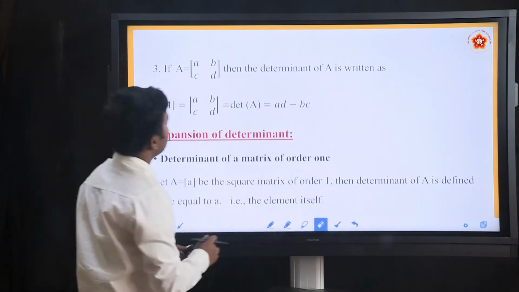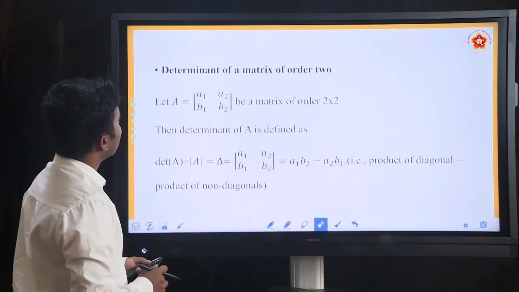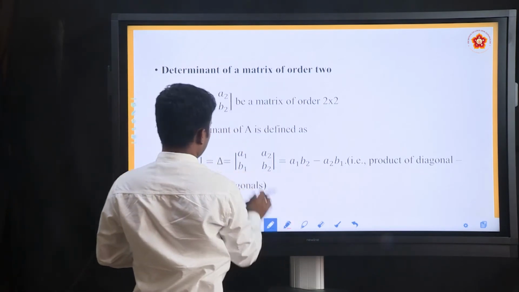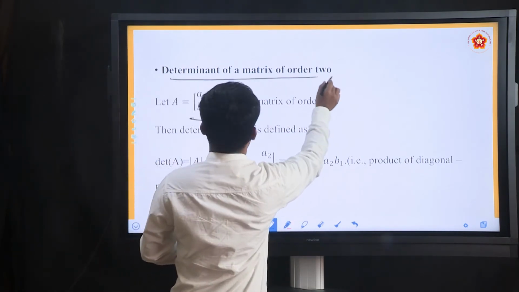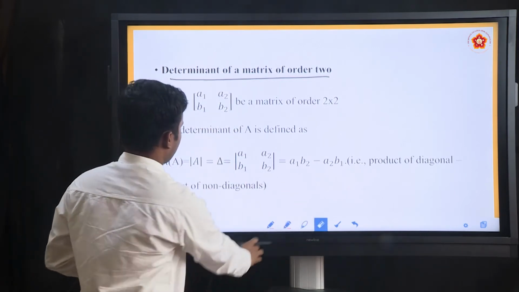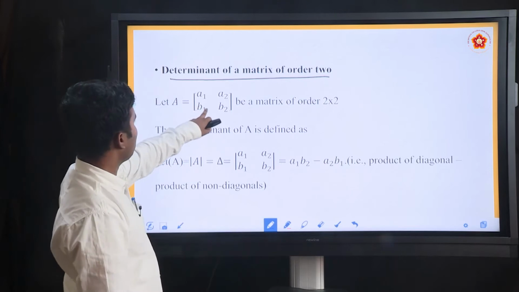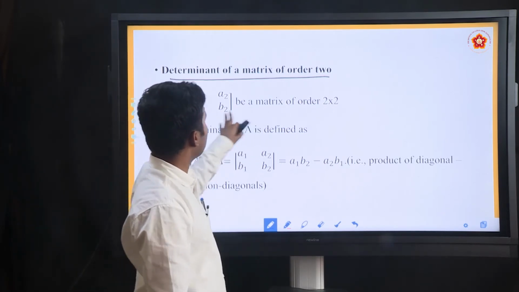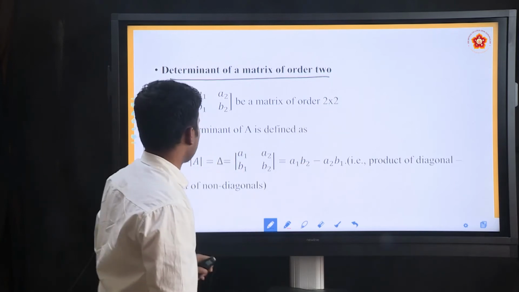Next we have the determinant of a matrix of order 2. How do you expand it? The number of rows is equal to the number of columns, so it is a matrix of order 2 cross 2.